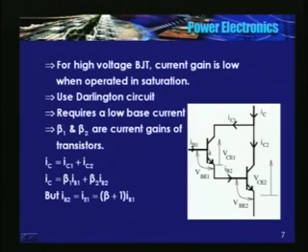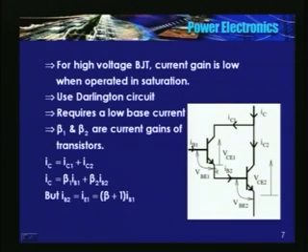Definitely it is not the same beta of the transistor when it is operating in active mode. So, beta 1 into IB1 is IC1. Similarly, IC2 is some beta 2 into IB2. This is the base current, IB2. But then what is IB2?